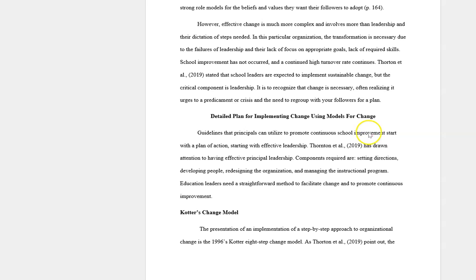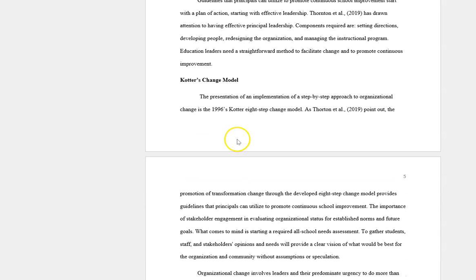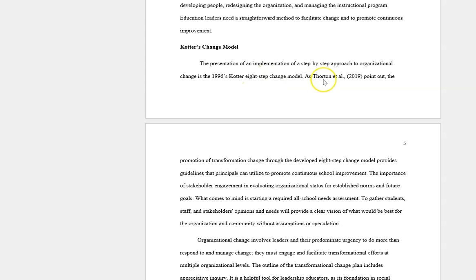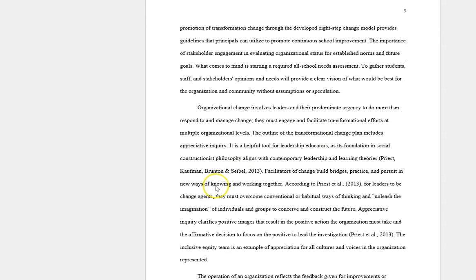So this is an introductory paragraph that tells us what this next section is going to be about. And then you can see she goes right into Cotter's change model. She talks a little bit about the change model. She supports it with the literature. She moves on. Found another source. She talks about why change is important.